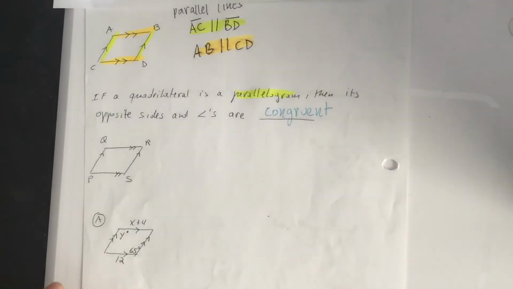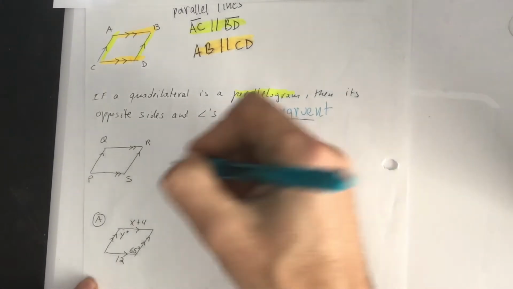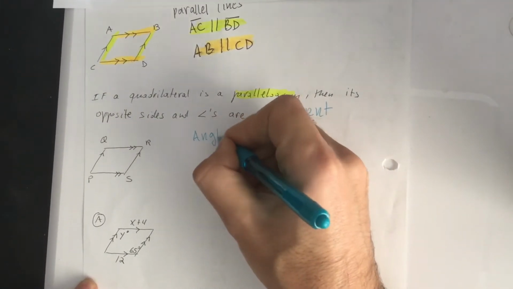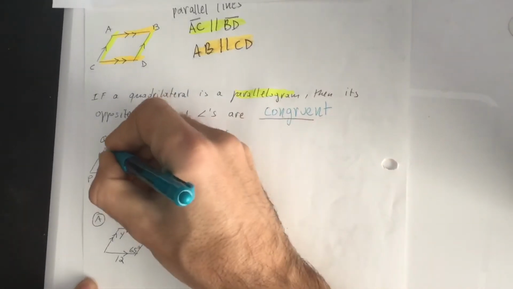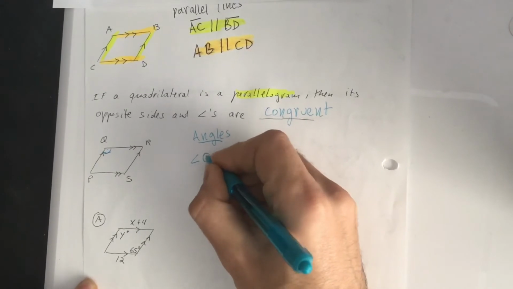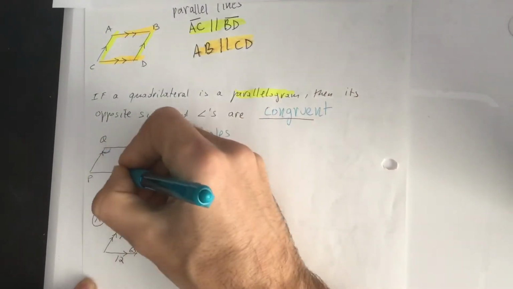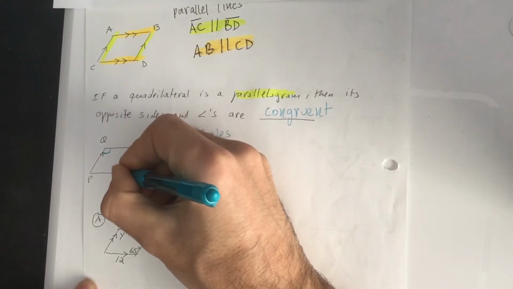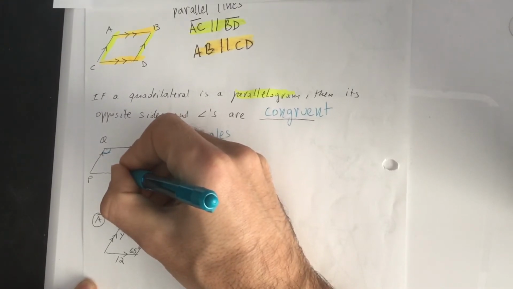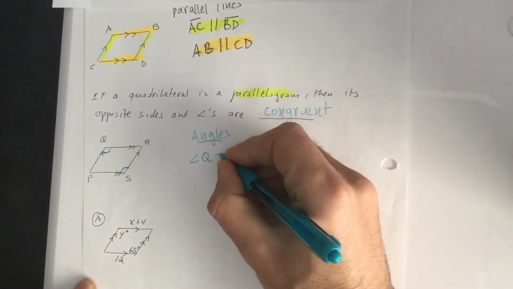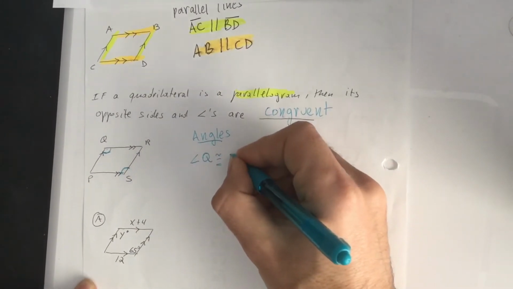Because they're the same. So if you're dealing with angles, well, this angle over here, Q, is congruent to the opposite angle, which is across here, that will be S. So it's the same measurement, it's congruent.